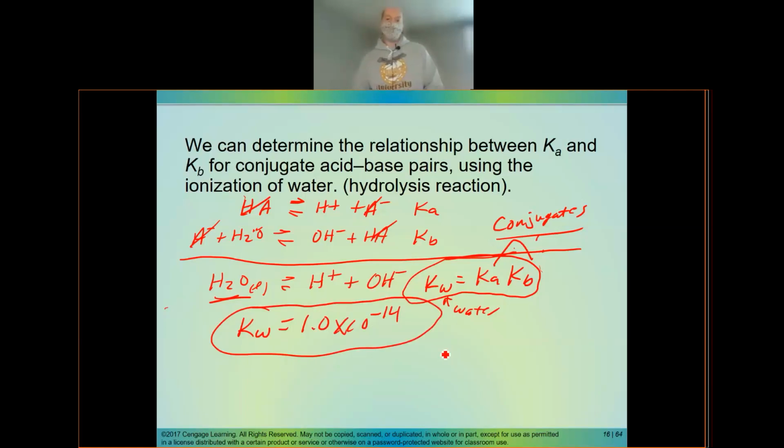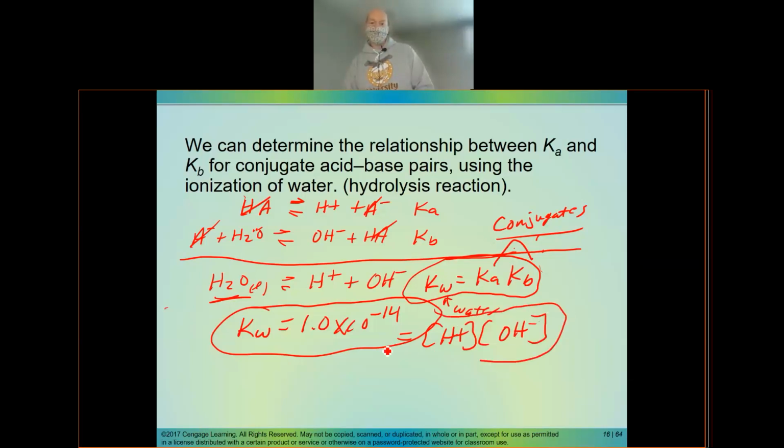So it is a constant, and of course that is equal to, if you write the expression for your Kc, since this is water, we rename it Kw, it is the concentration of H+ times the concentration of OH-. So for every single one of these problems, water is in there. You have a concentration of H+ and you have a concentration of OH-.